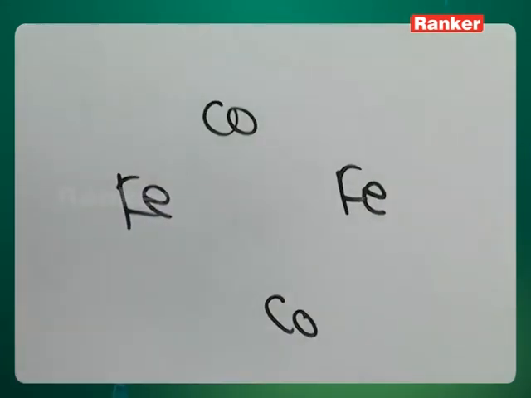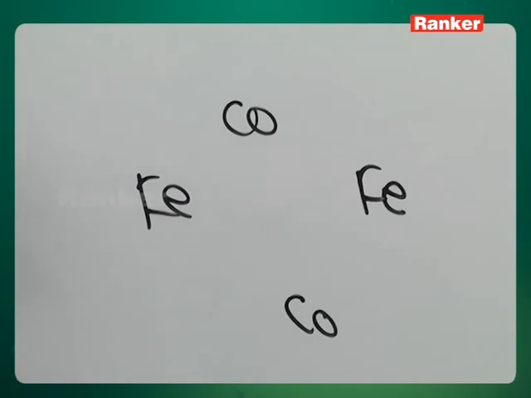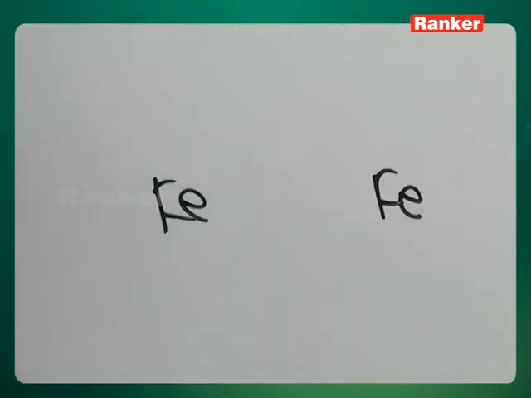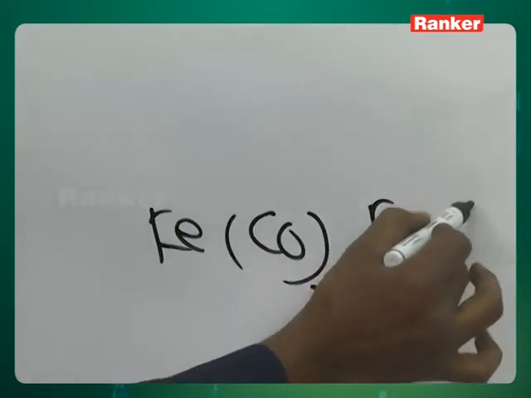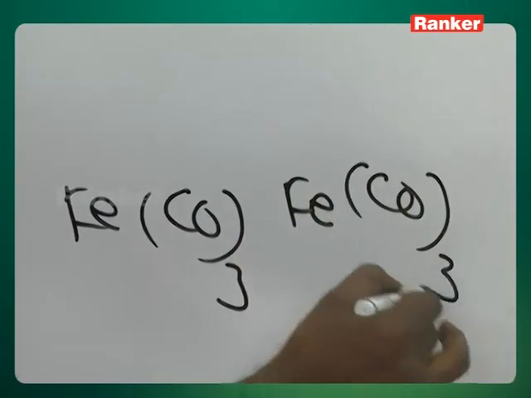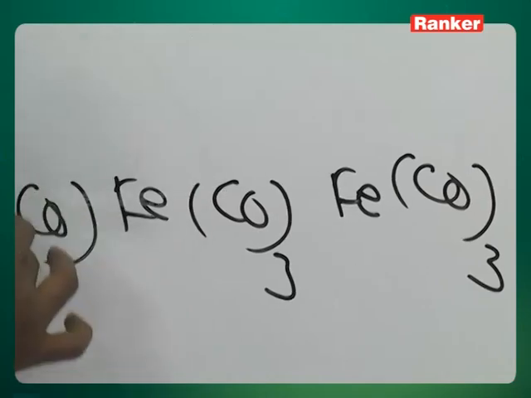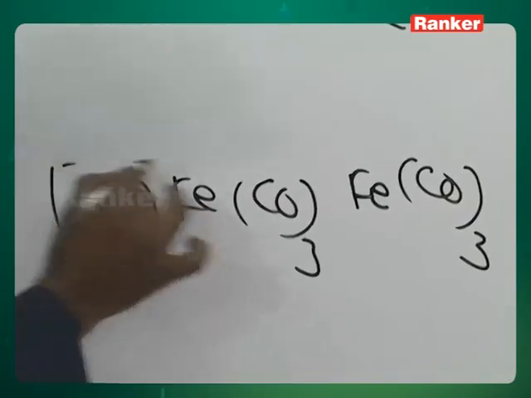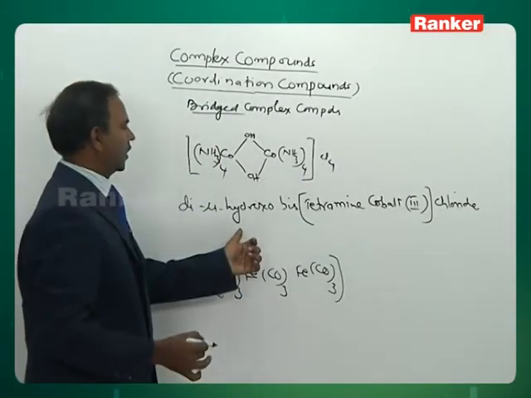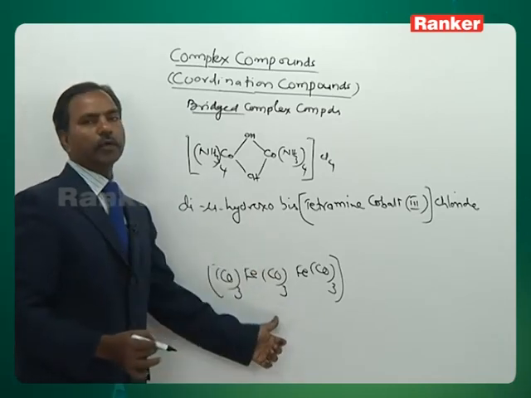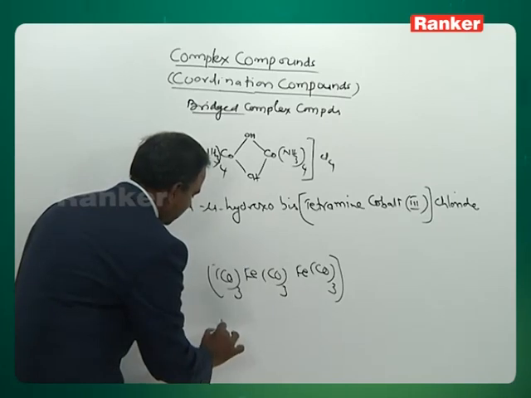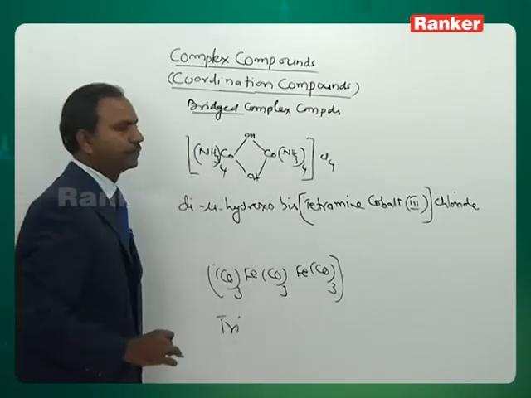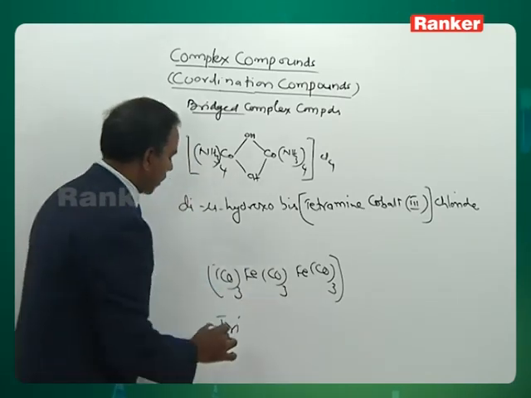Instead of writing bridges, we can also write this CO taken thrice, and again we can write on either side. So according to what I said, first we have to show the number of bridges. How many bridges are there? 3. Let me write first tri, 3 bridges. Tri. What are bridging? Carbonyl.